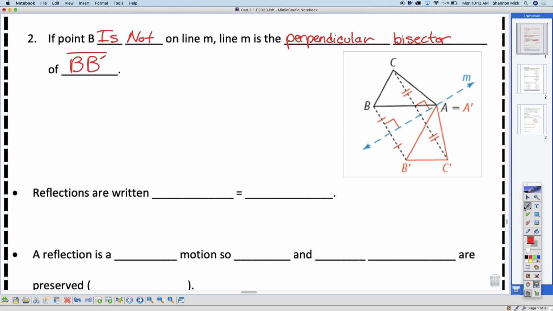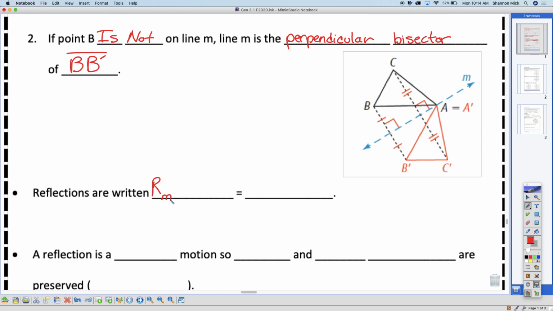I want to write how the book does. To show that we're doing a reflection, you say R, and it's a little m, and what that means is reflect across line M. So if it was like line x equals 2, you'd have a 2 there.